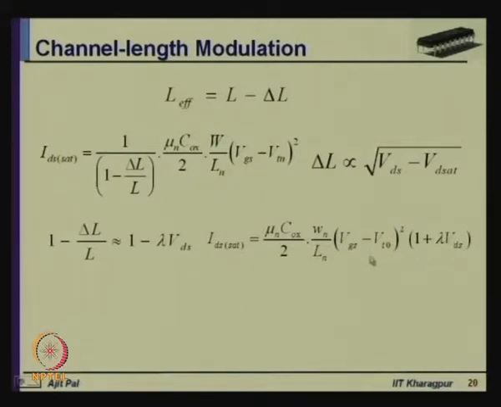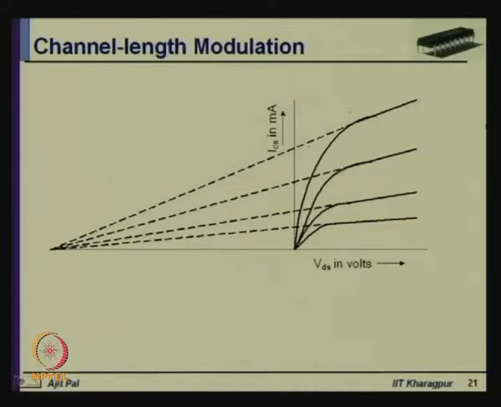So, it varies with drain voltage, and this can be depicted pictorially with the help of this diagram. As you can see, in the saturation region, although I have drawn it in a little exaggerated form, the slope will not be so high, but you can see the drain current is varying even in the saturation region because of the channel length modulation effect.